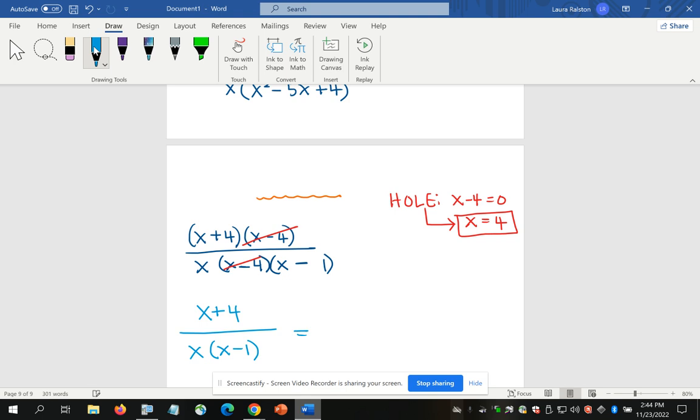Now that it's simplified, now determine the vertical asymptotes. Okay?